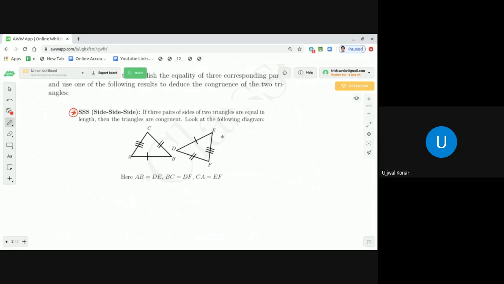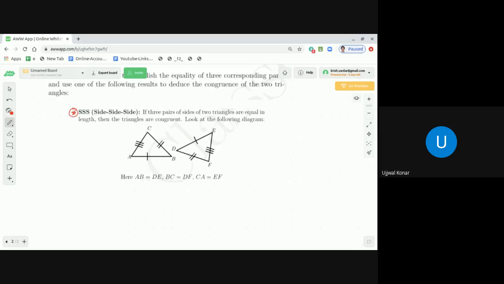Look into this one. The two triangles are there. One is ABC, the other one is DEF. What we see is that AB is equal to DE, BC is equal to DF, and CA is equal to EF. Then what can we conclude, dear students? Without measuring the angles, we can conclude that these two triangles are congruent.